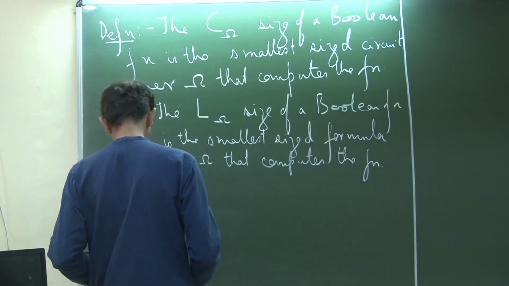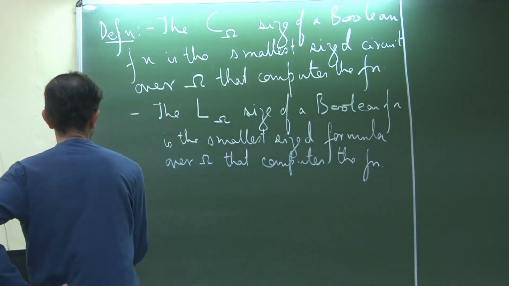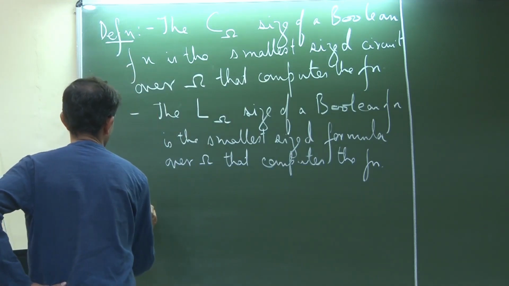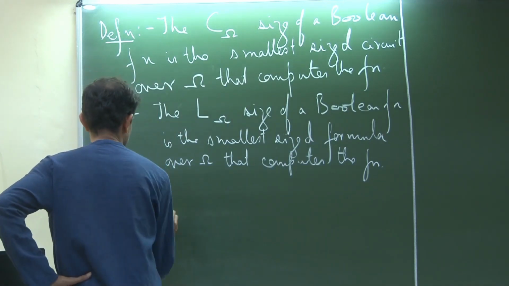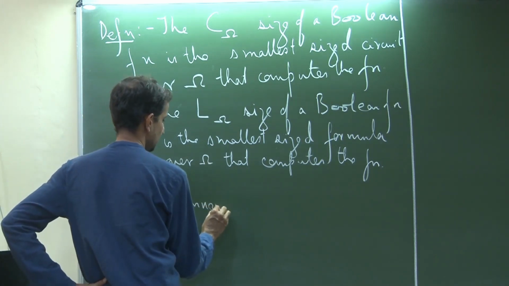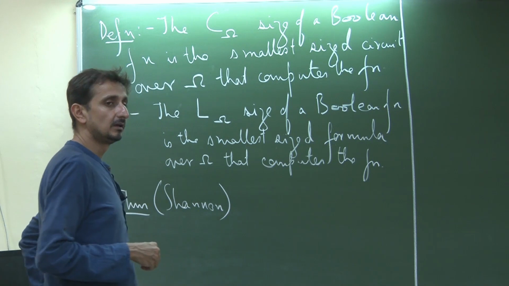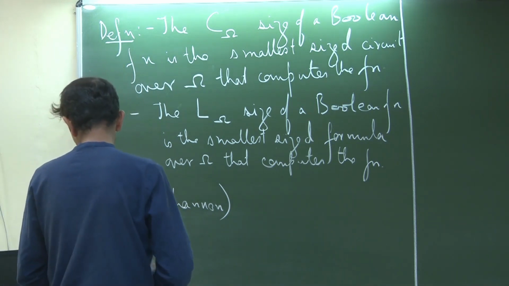Now let us look at a theorem. The first theorem that we are going to study today was given by Shannon. Shannon has many theorems; this is one of his very famous theorems in circuit complexity.